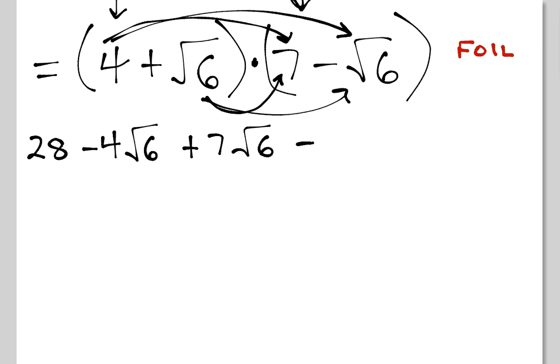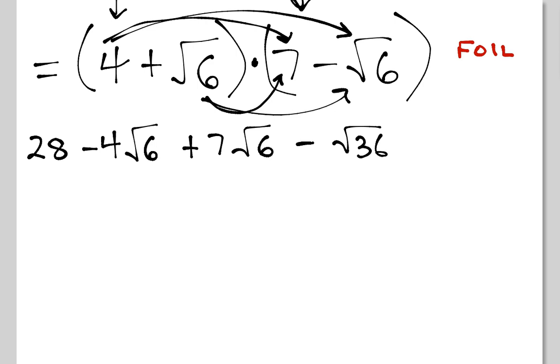Yeah, it's just 6. Could you go here? You could, right? 6 times 6 is 36. If you forget that, like during the test, could you just go 6 times 6 is 36? Yeah, and then as long as you simplify that after, you're good.